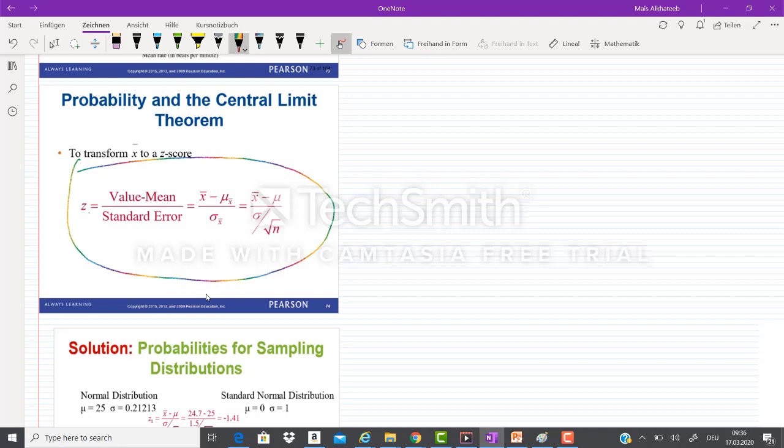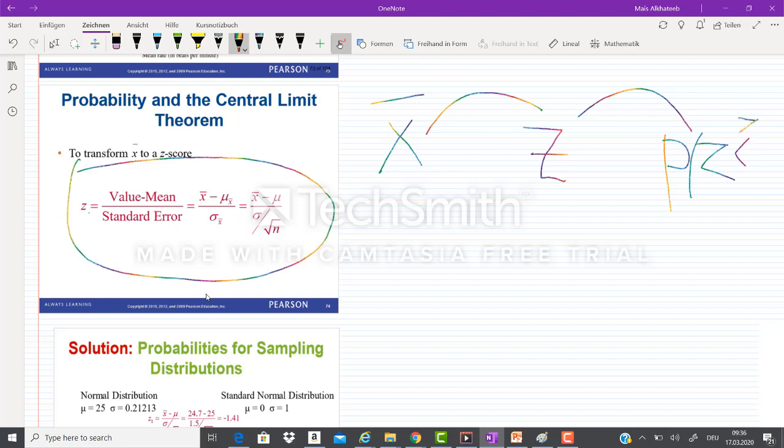So I can transfer from x to z, then I use z to find the probability, whether it is bigger, smaller, or between.